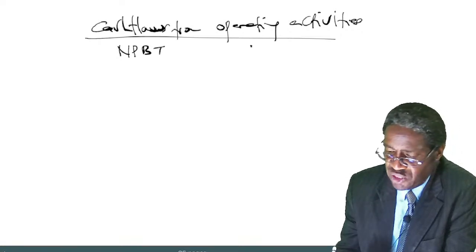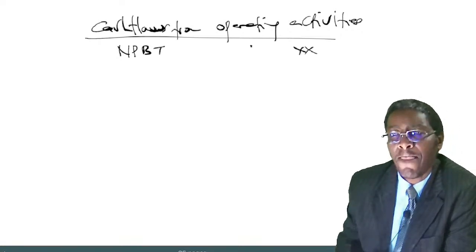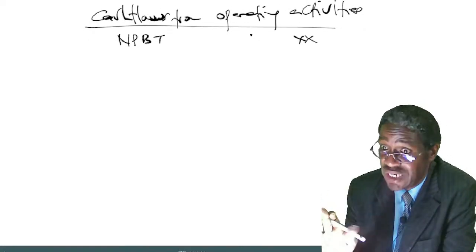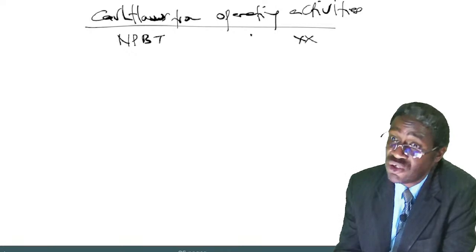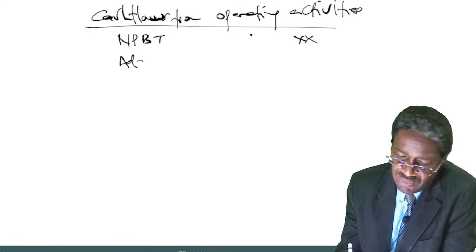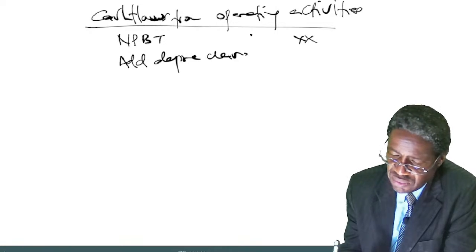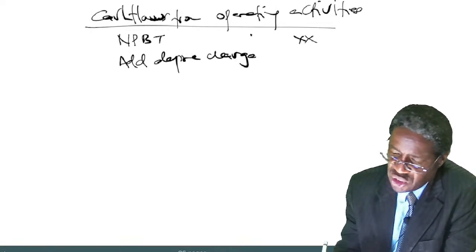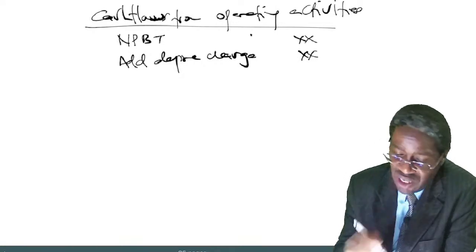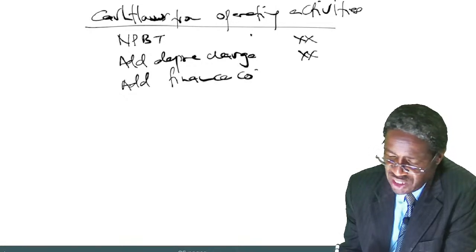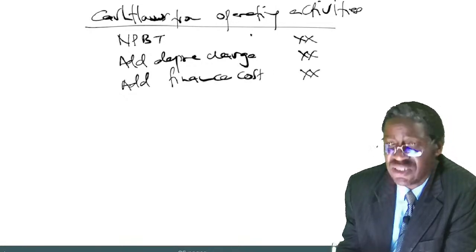Whatever is net profit before tax, you pick it. I've told you adjust it with all non-cash items. Two of them I told you are obvious. One of them is the depreciation charge. The other one I've told you, which is a must find, is what we have called finance cost. Whatever it is.